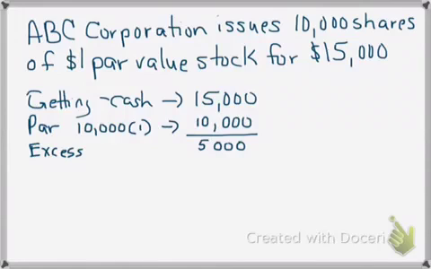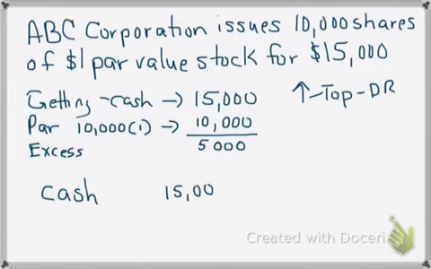So when I look at this particular journal entry, I want to look at where we're getting cash in. That means our cash balance is going up, which will mean it is on the top. It is our debit. So the journal entry we will look at here will be for cash, $15,000. We will have common stock that I abbreviate as C/S for that par value, that $10,000.